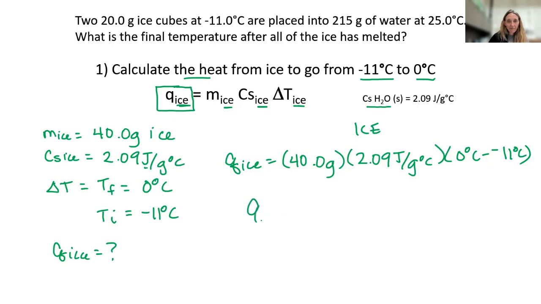Now when I use my calculator, 40.0 grams times 2.09 joules per gram degree Celsius times a positive 11 degrees Celsius. Our grams cancel with the grams, the degrees Celsius cancel with the degrees Celsius, and we get 991.6 joules.